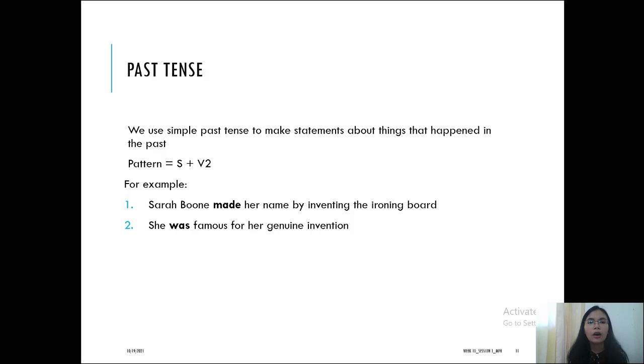And obviously the meaning of this past tense is different because it's over, it's in the past and it already happened. Sarah Boone made her name by inventing the ironing board, so that happened in the past, and she was famous for her genuine invention, that happened in the past. So that's the use of past tense in a sentence.